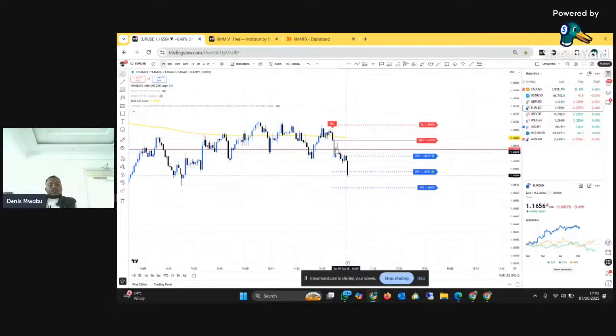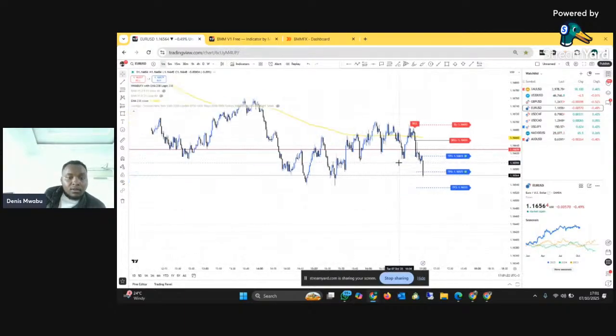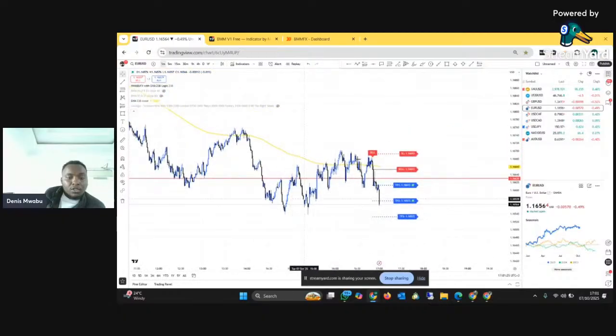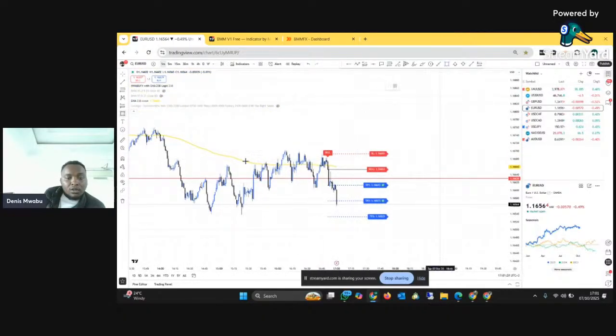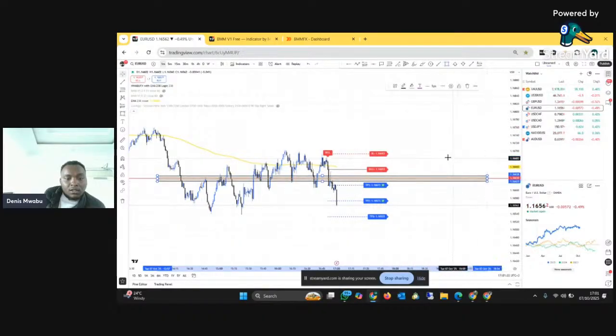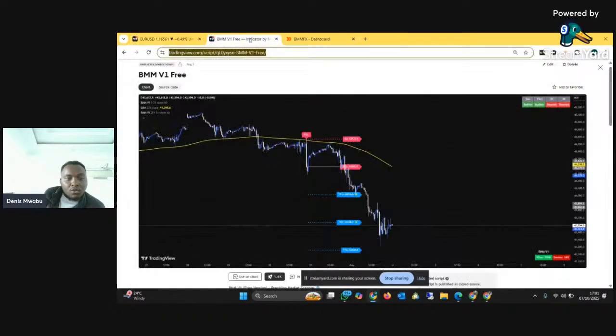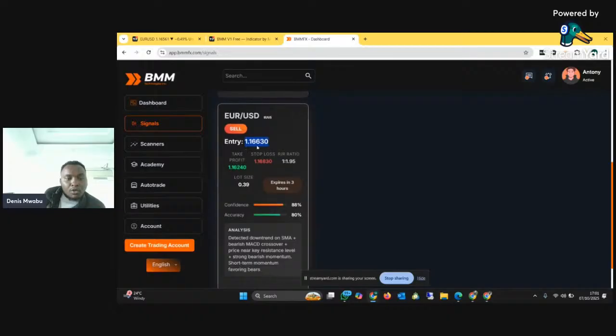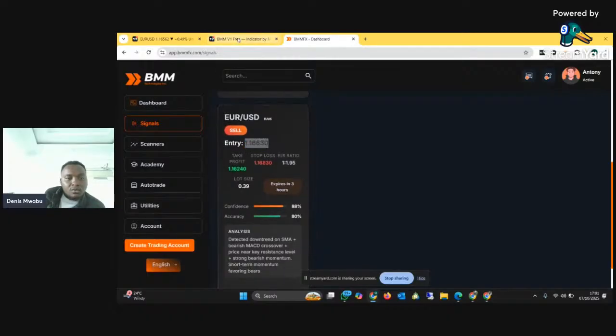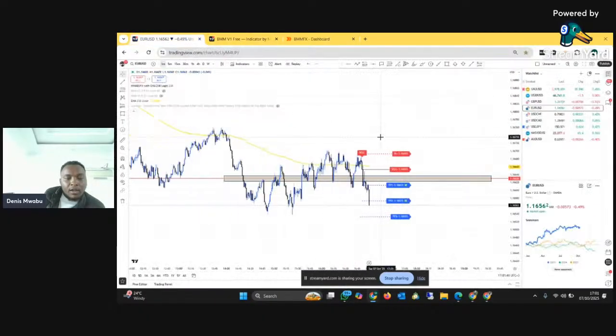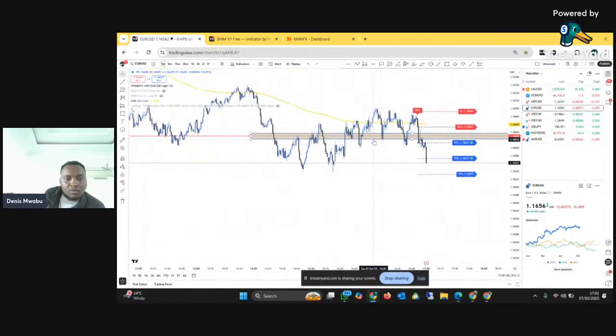This was the sell for EURUSD. This was the entry from the signal center, here at 1.16630. And I looked at it, man, and I did not come in.